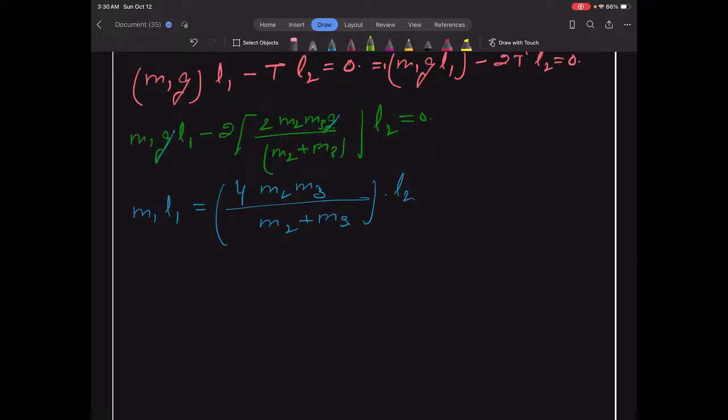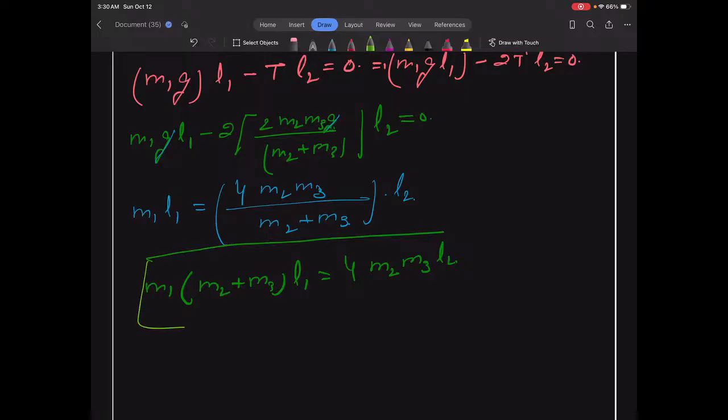So if we multiply both sides, on the left side we get M1 times M2 plus M3 times L1 is equal to 4 times M2 M3 times L2.